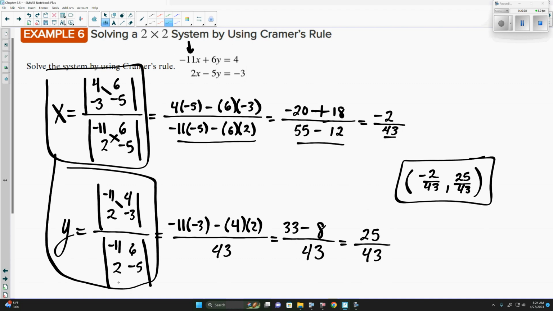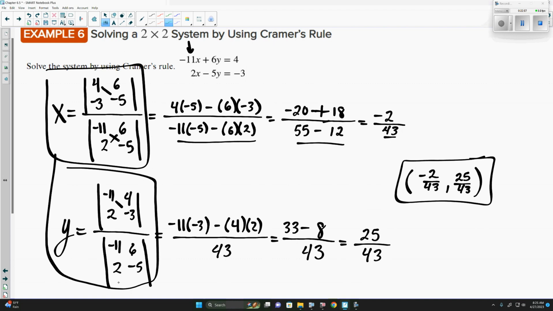Any questions on this here? So for especially the homework on this here, it's going to want these setups. It's not going to quite make you do the whole work, but it's going to want you to set it up and solve it from there.